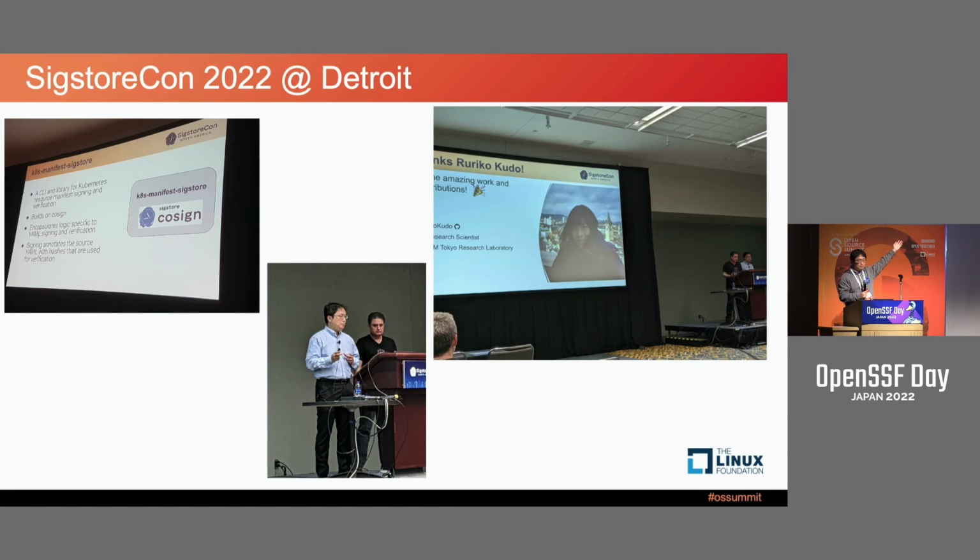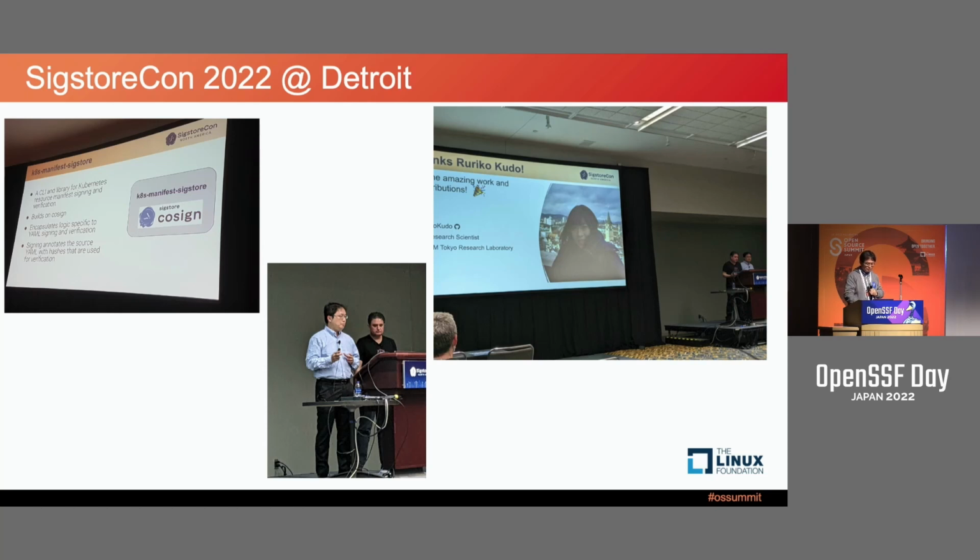The woman presented here is my colleague. She contributed to the new version of the Kyverno code, and she was recognized by the community for this contribution. This was a very happy moment for me, that we could collaborate with the community and have some impact.